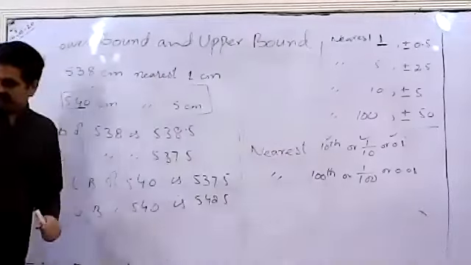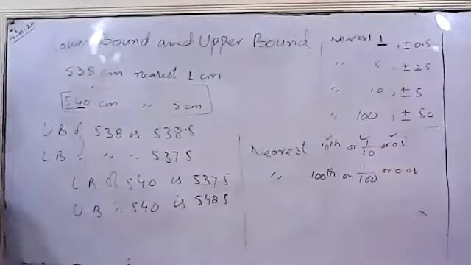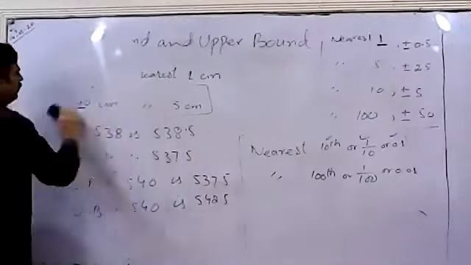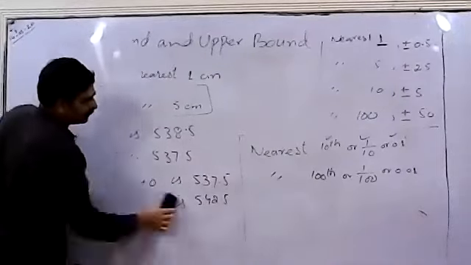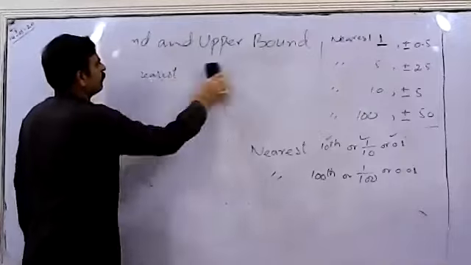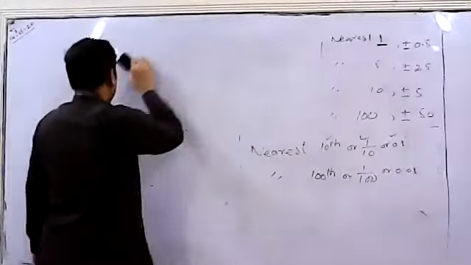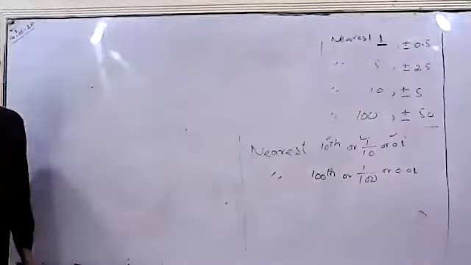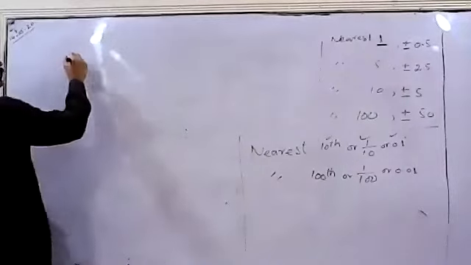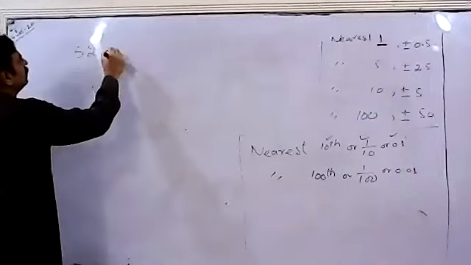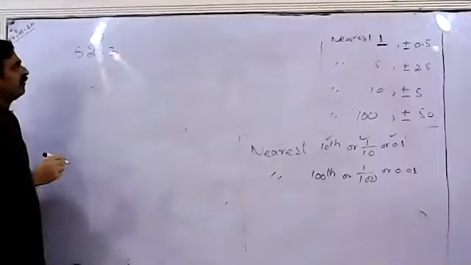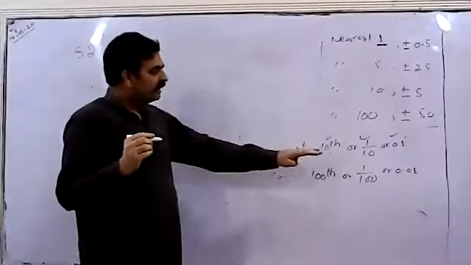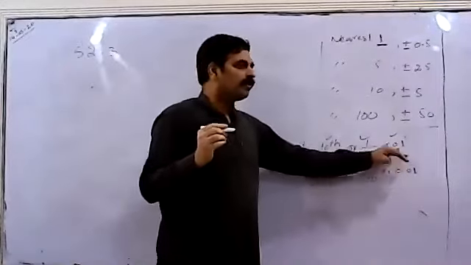Suppose it's written 52.3 centimeter, and we want to find its nearest tenth value, or 0.1.